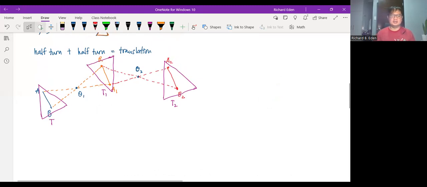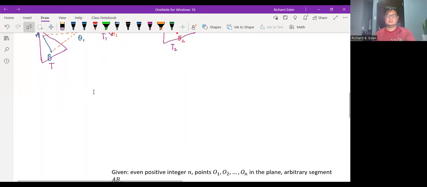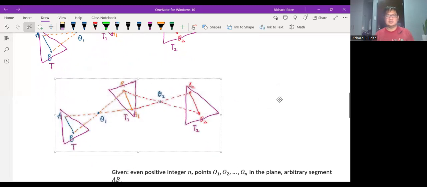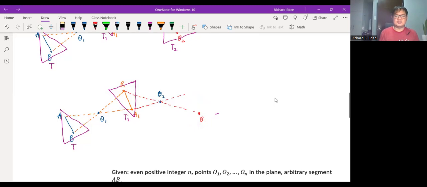Let me copy the same details here. So let's say these are they. Okay. Let me erase the images.